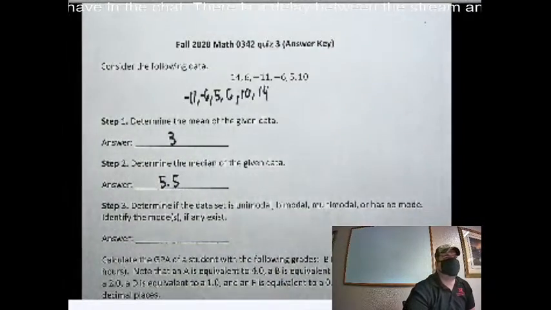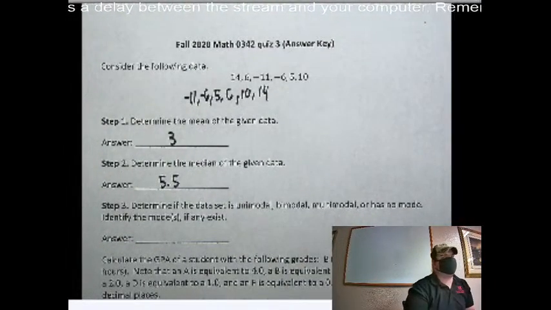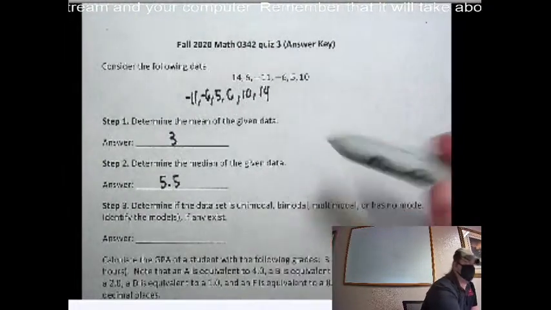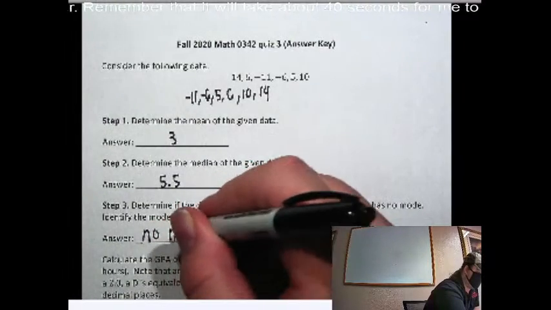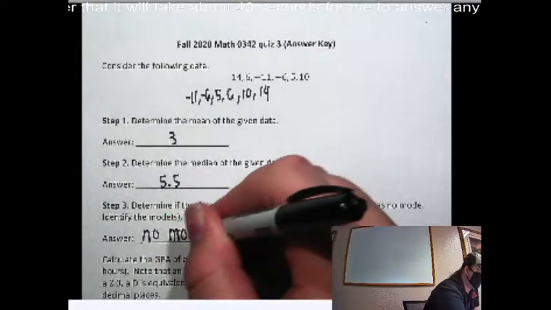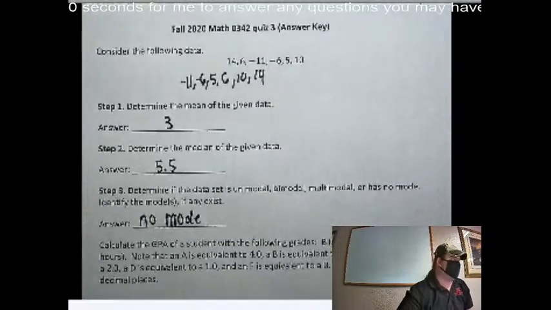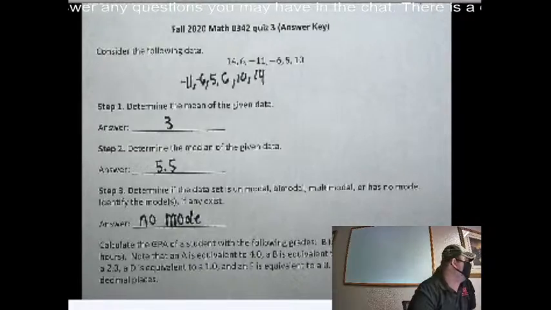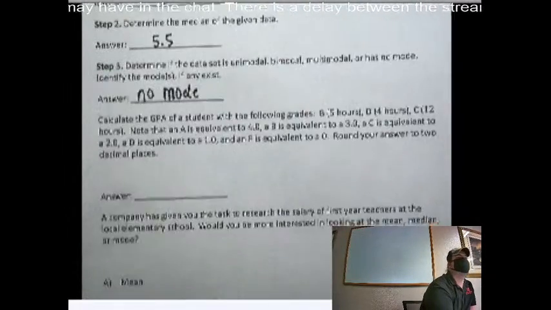And then the mode is the number that occurs the most, and it has to occur more than once. And well, all of these numbers occur once, so there's no mode. Okay? Any questions on number 1? None? Okay.